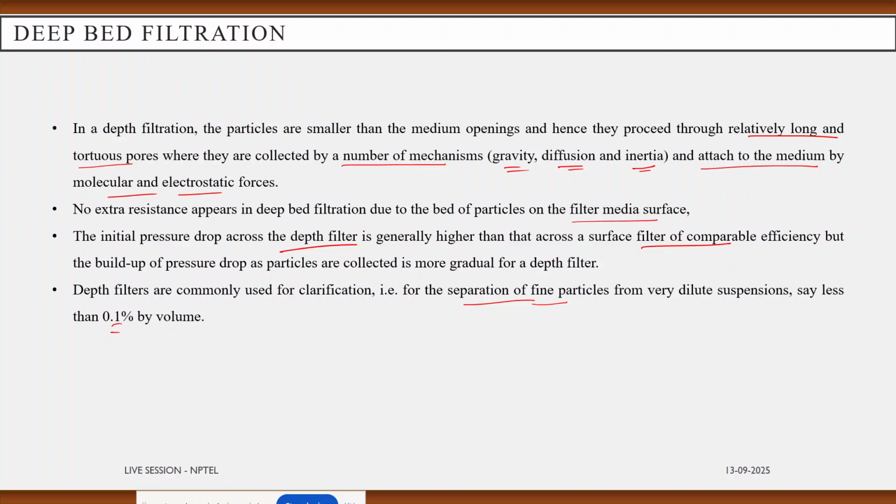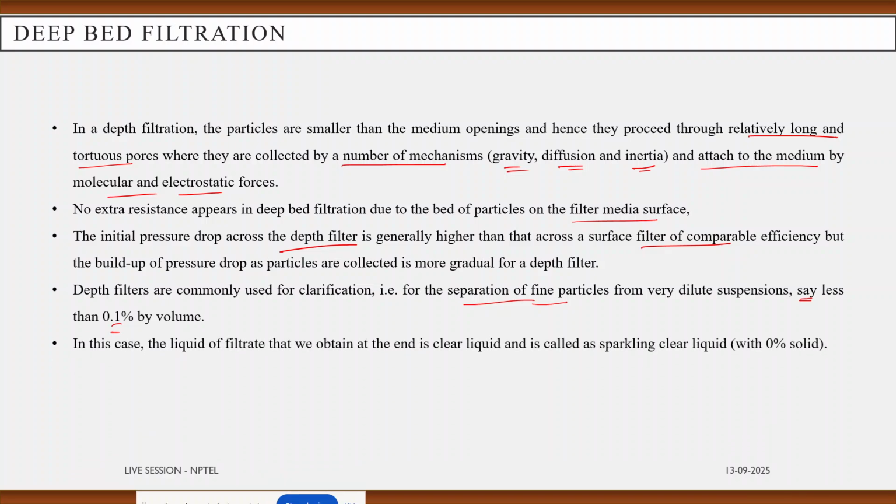But for deep bed filtration, we generally go for a much more dilute slurry, which is 0.1 volume percent solid. In this case, the filtrate that we obtain at the end is a clear liquid, also termed a sparkling clear liquid. That means it has 0% solid.